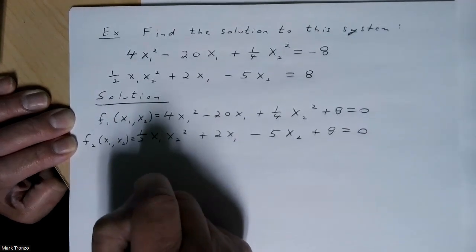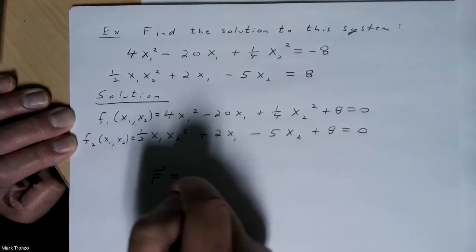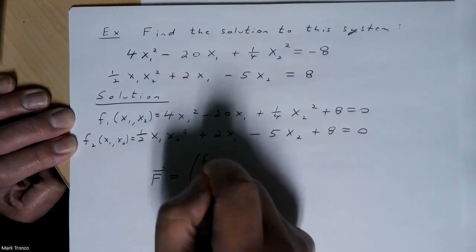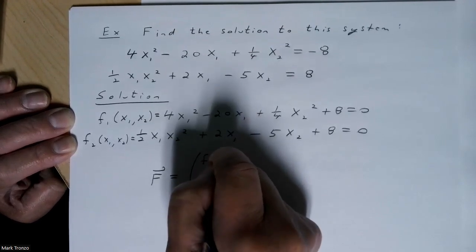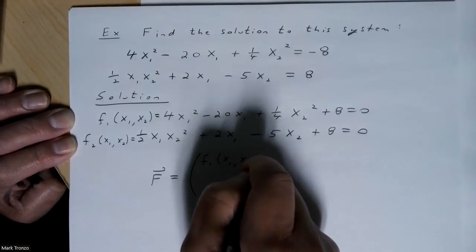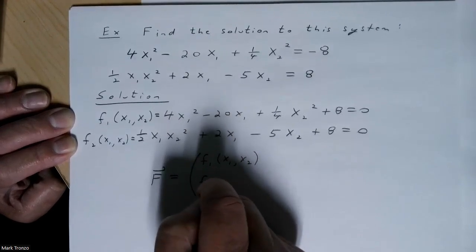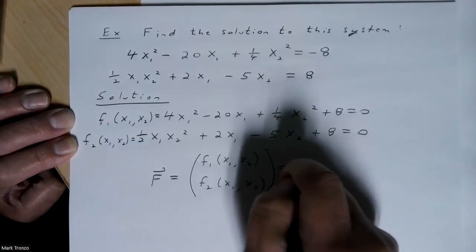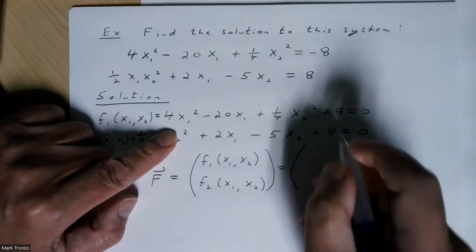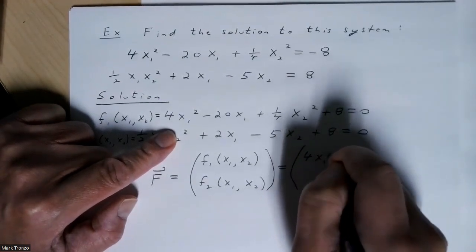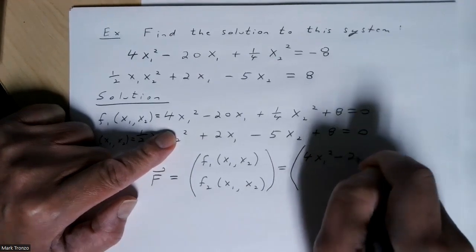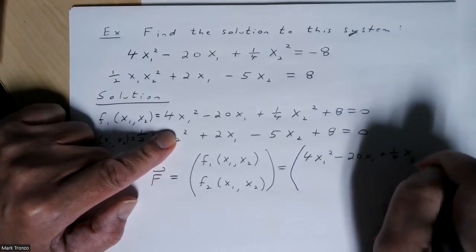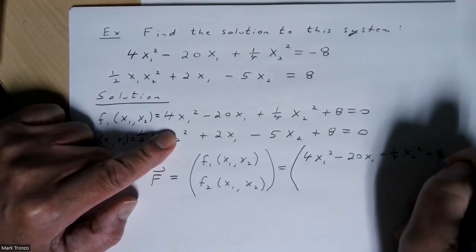And so we want to name this as our capital F. And then this is going to be 4x1 squared minus 20x1 plus 1/4 x2 squared plus 8.